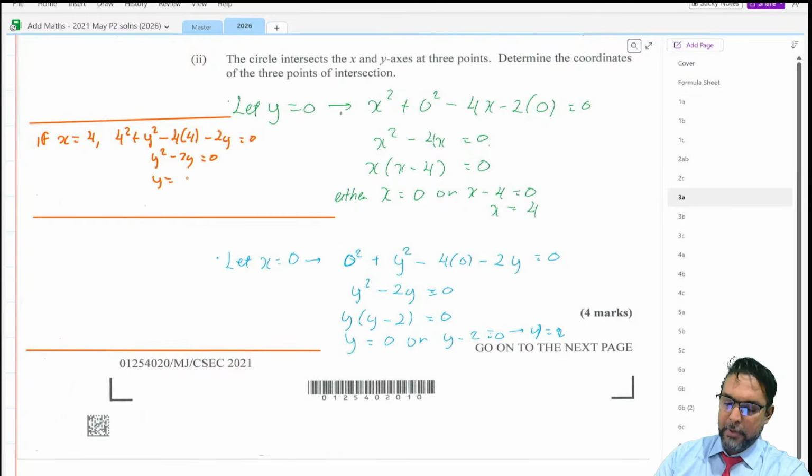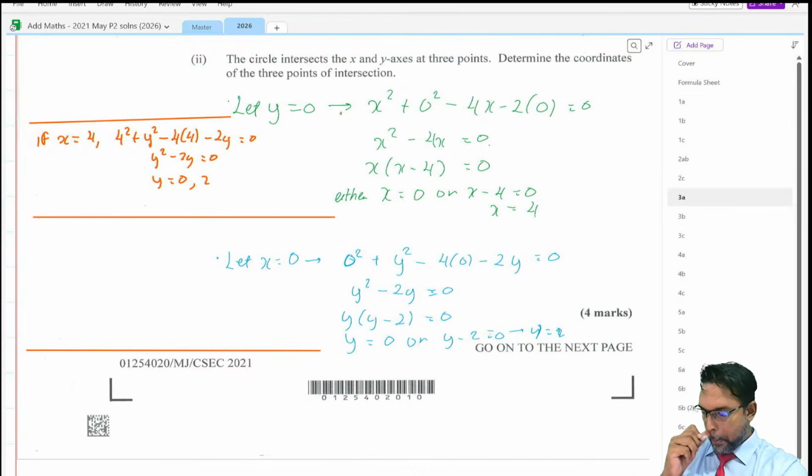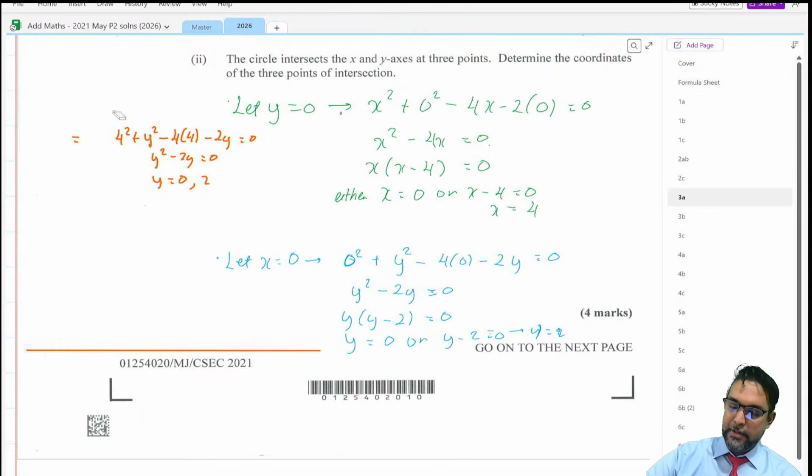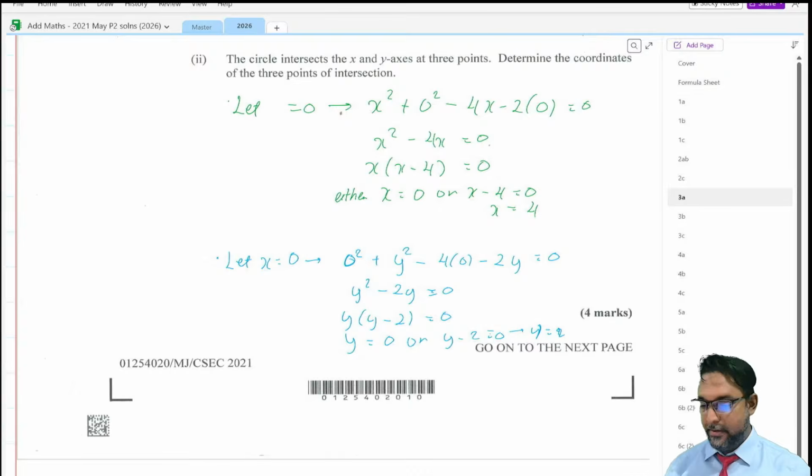So y is equal to 0 or 2. What I did is that I just got the answer to be 0, 0. Oh, no, right, because the corresponding x and y should just be 0. Sorry, again, my brain is not firing today.